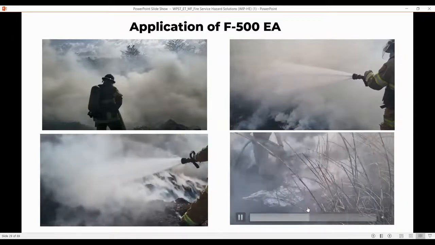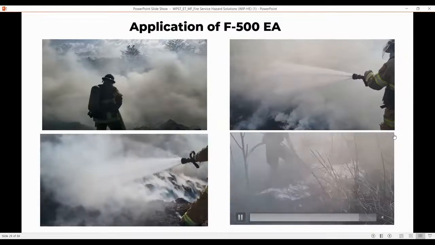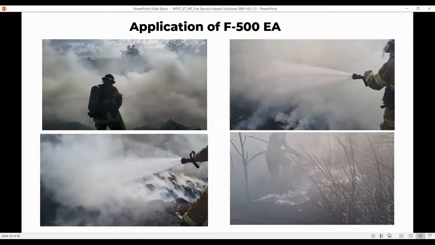There you can see at the end of it, just finishing some mop up, getting everything cooled completely.